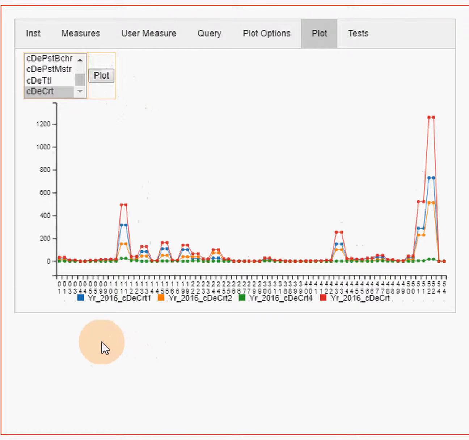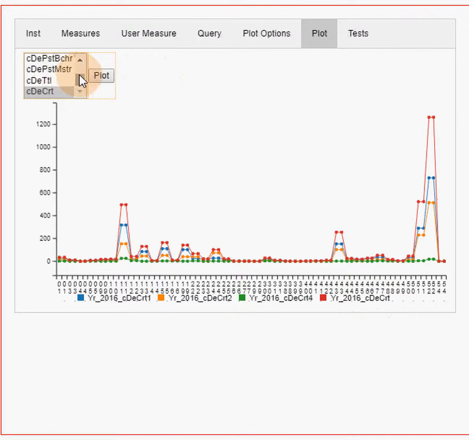Here you go. You can see this is certificate 1, and that's certificate 2, and that's certificate 4. And they all add up to the certificate. If you add up those 3, you end up with the certificate total.